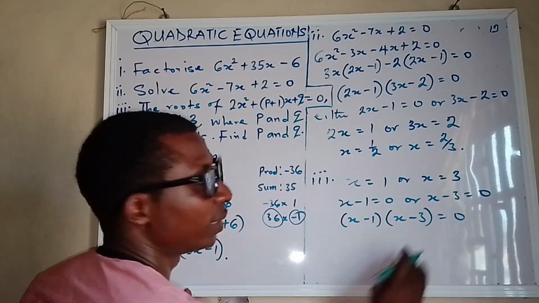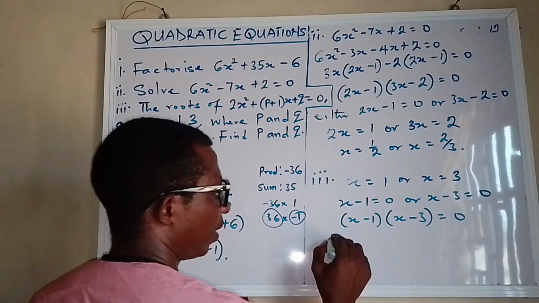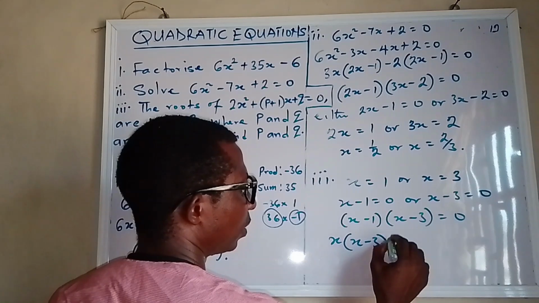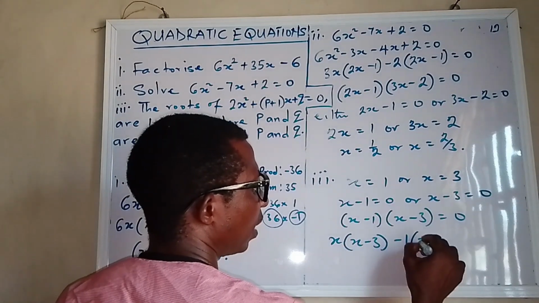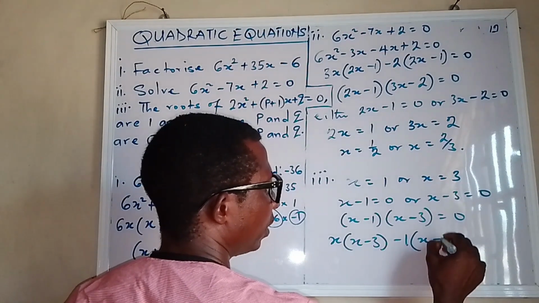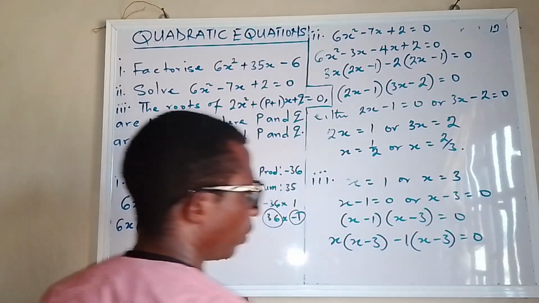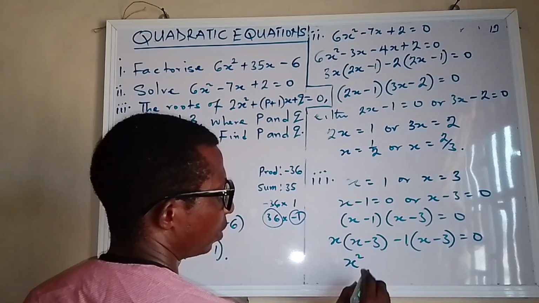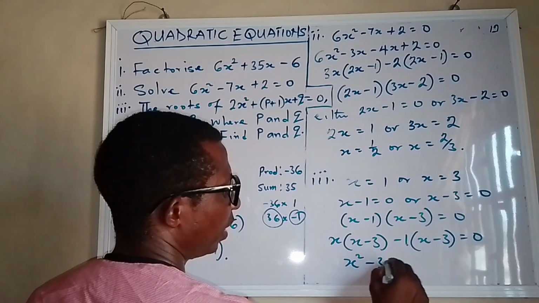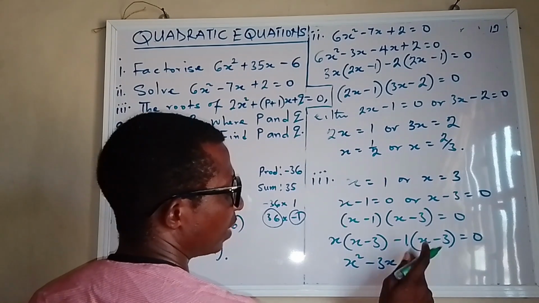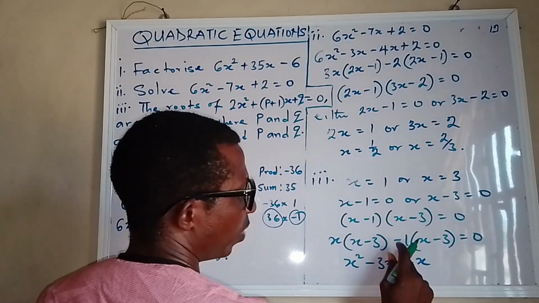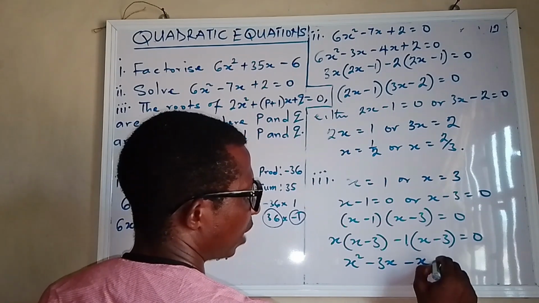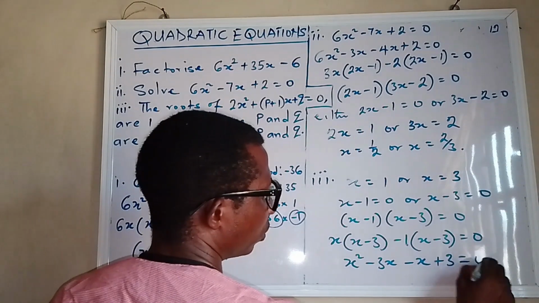So you can expand this. So we have x times (x minus 3) minus 1 times (x minus 3) equals to 0. Okay, so we have x times x, that's x squared, minus 3x, minus 1 times x, that's minus x, minus 1 times minus 3, that's plus 3 equals to 0.